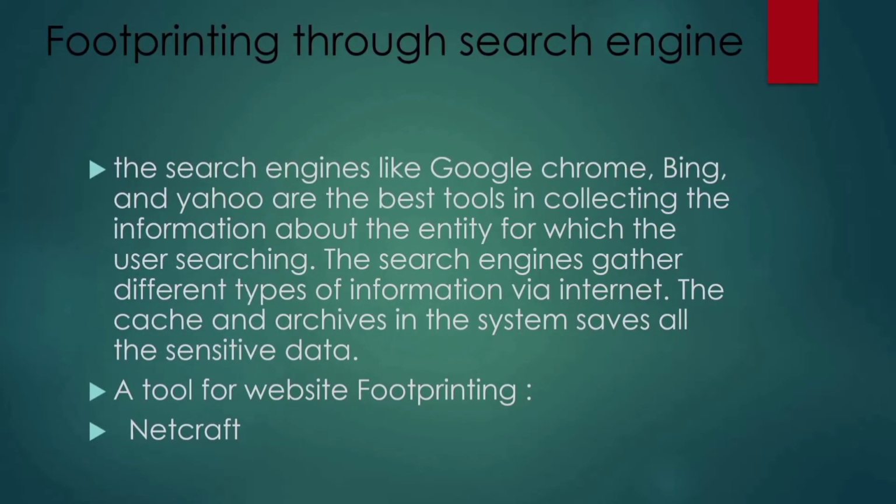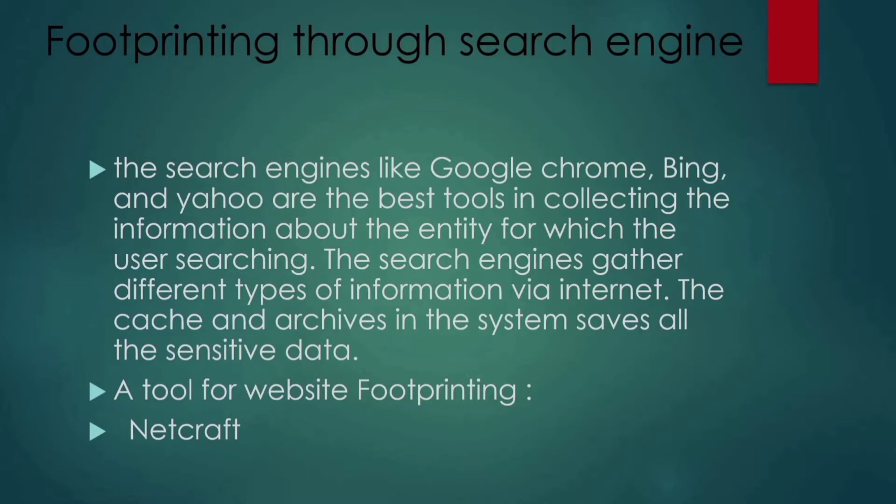Now here you can see that search engines like Google, Chrome, Bing, Yahoo and Microsoft are the best tools for collecting information about the target which the user is searching. The search engine gathers different types of information via the internet, and caches and archives it in the system and saves all the sensitive data.